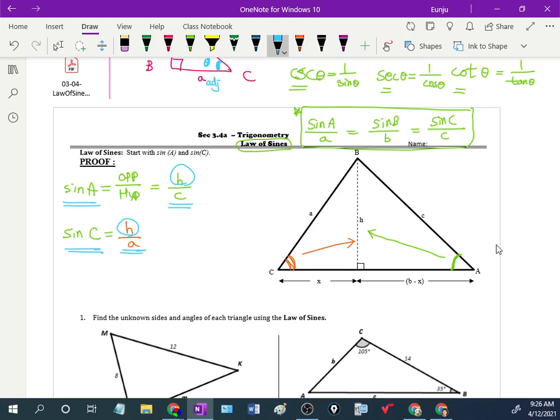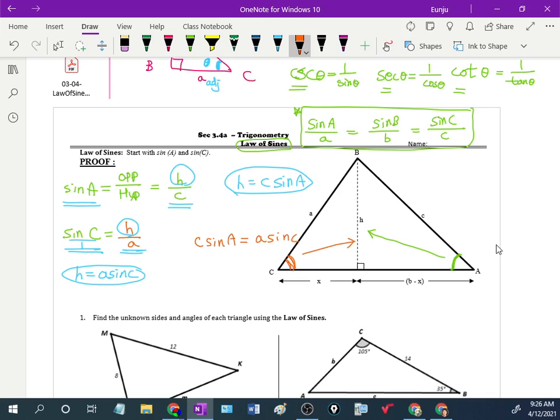Starting with the bottom one, h equals a sine C. The first equation can be written as h equals c times sine A. Since both are equal to h, we can equate them: c sine A equals a sine C.